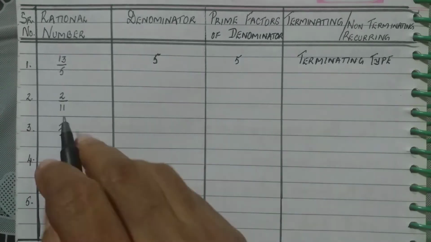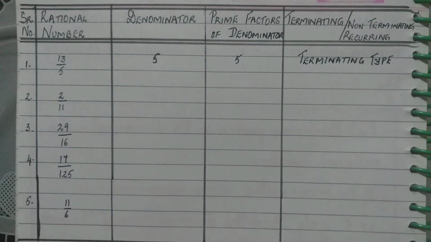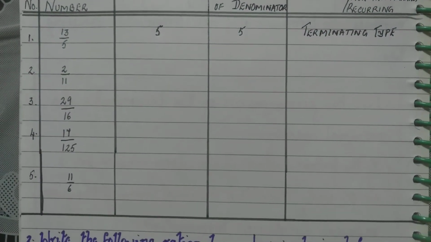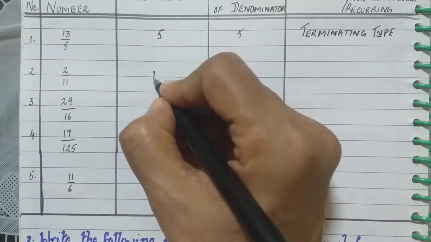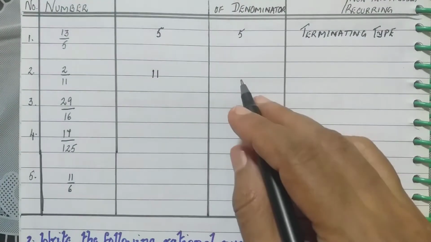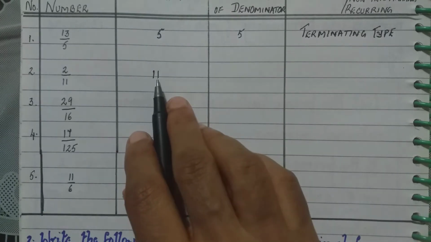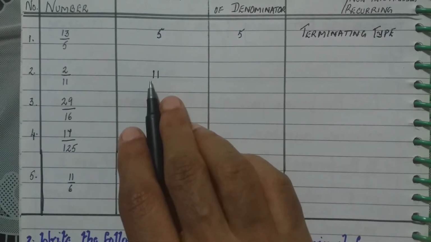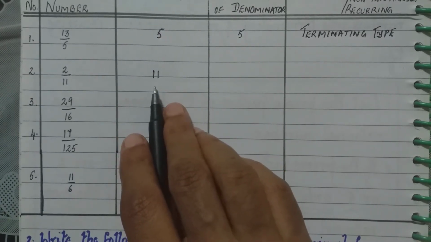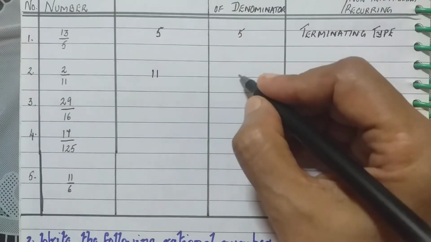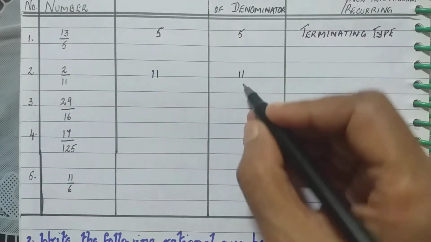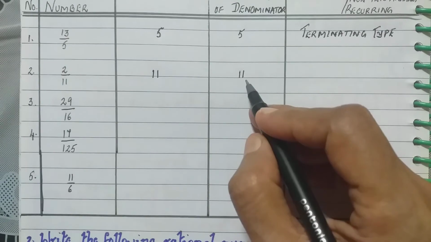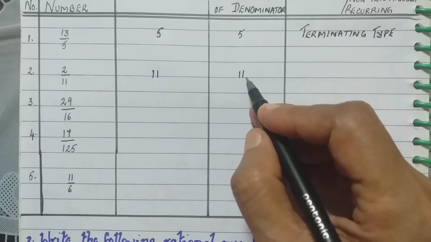What about the second question? Second sub-question, the denominator is 11. Factors of the denominator 11 are 1 and 11. 1 we don't write because it is not a prime number. Left is only 11. So we have 11 as a prime factor of the denominator.